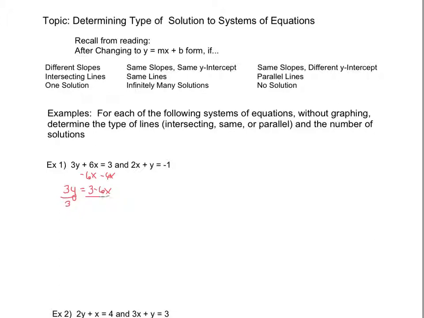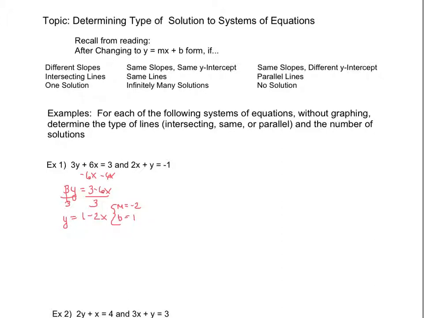I'll divide both sides by 3. Y equals 3 divided by 3 becomes 1, 6 divided by 3 becomes 2, so I get 1 minus 2x. I'm going to anticipate that I'm going to want to know my slope and y-intercept. My slope is negative 2, and my y-intercept is 1.